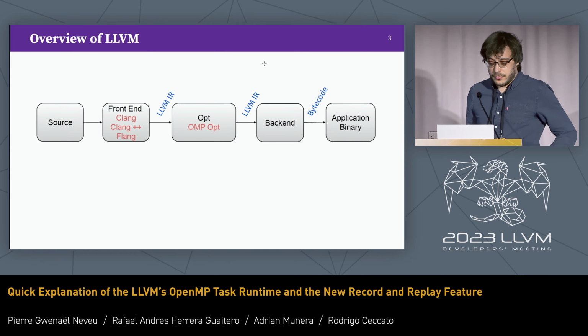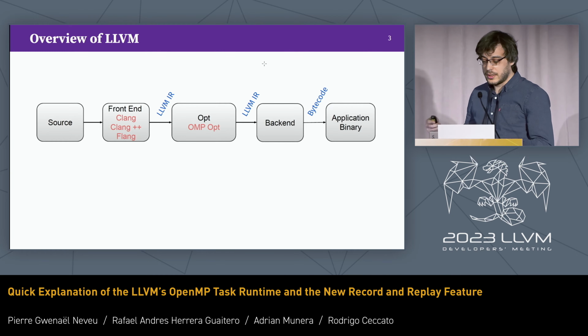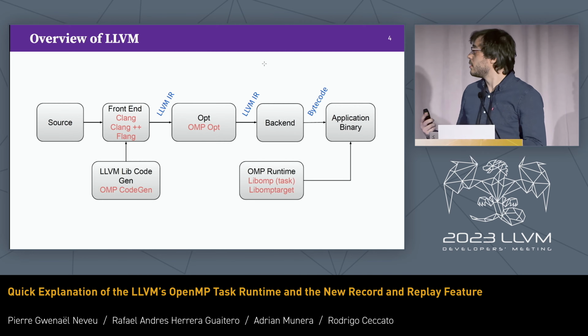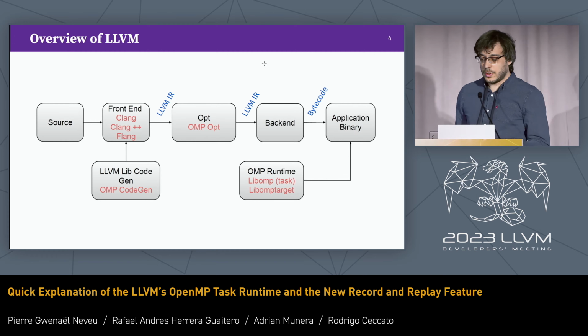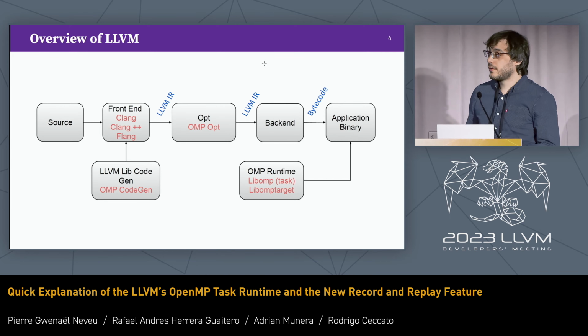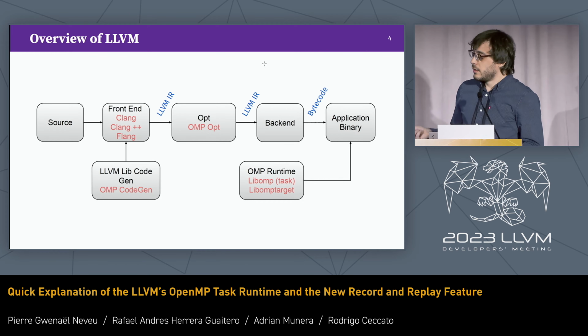Now the workflow of LLVM with OpenMP. We've got the classical front-end, optimization path, then back-end. But for OpenMP, we are adding the runtimes. One runtime for the multi-threading and one runtime for the offloading. The offloading part is libomptarget.